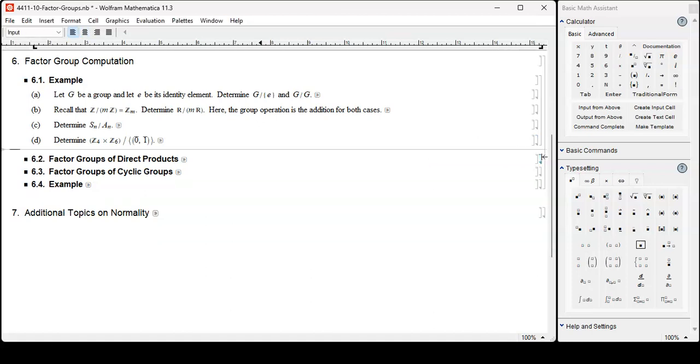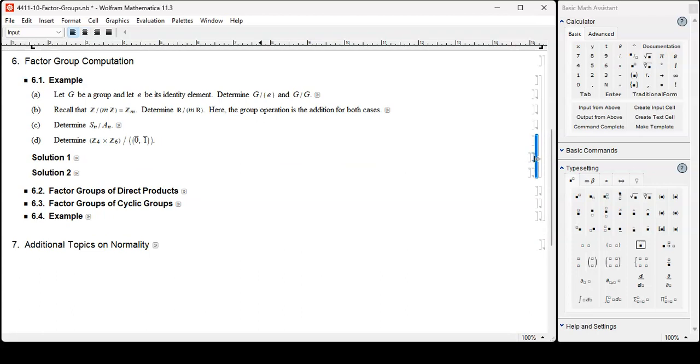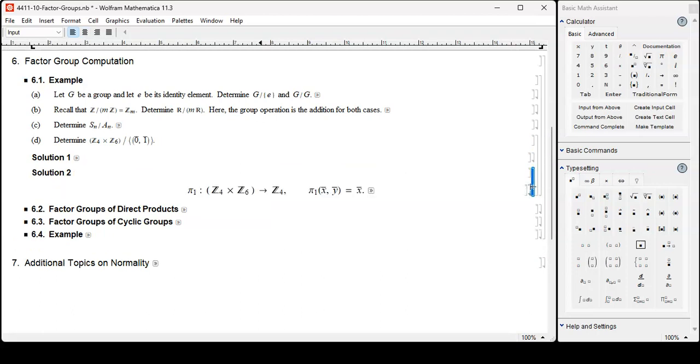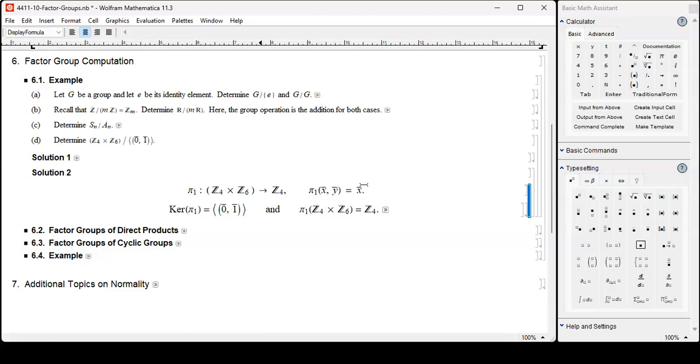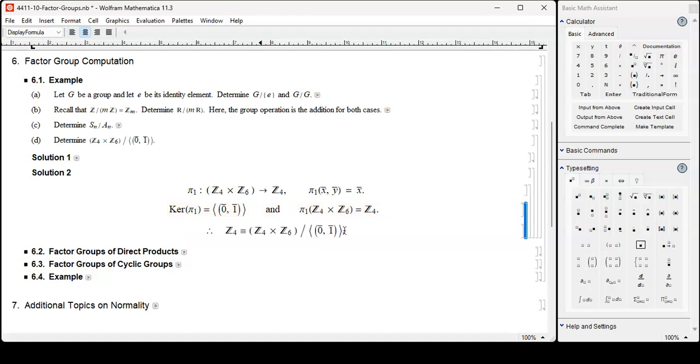Well, let me show you the answer key. Here, just take the first coordinate, so projection to the first coordinate, and then there go the kernel and image, and therefore the fundamental homomorphism theorem applies. The first coordinate has to be 0, and the second can be anything, so 1 generates everything. That's how you get the kernel. It's simple. Once you get your map, then the kernel computation is simple. After all, we are dealing with cyclic groups, so everything is simple.